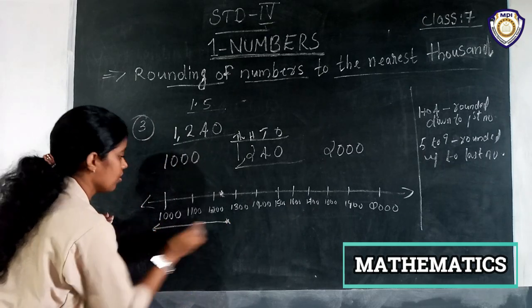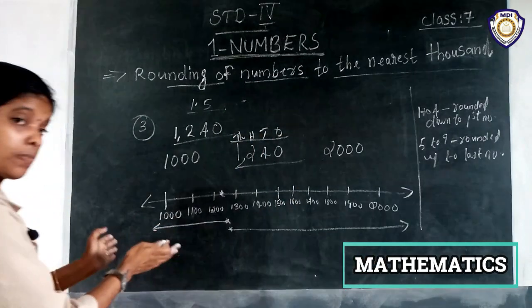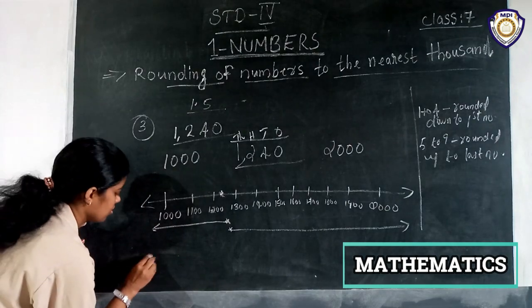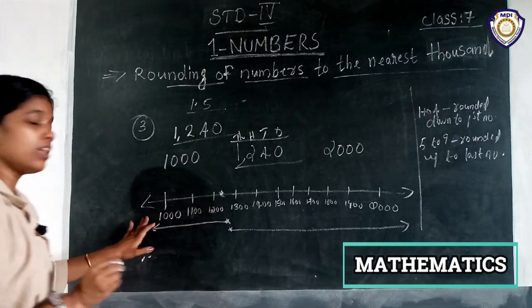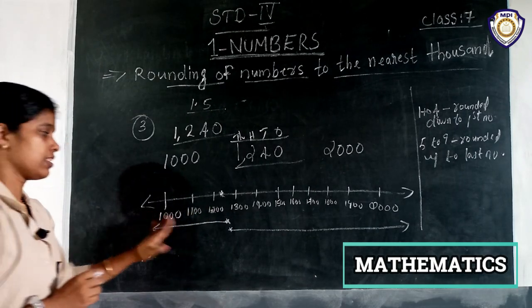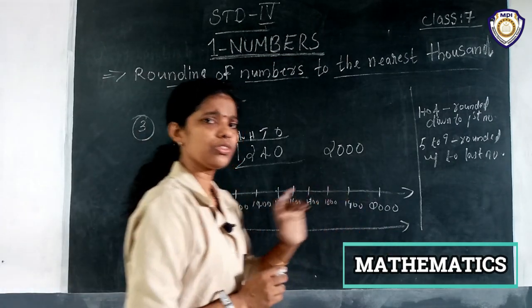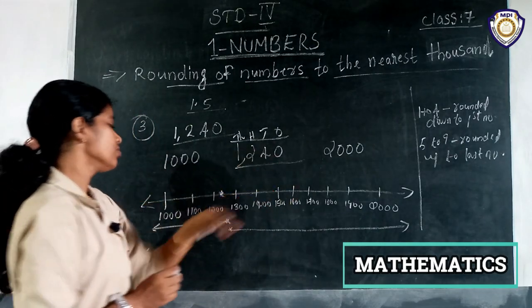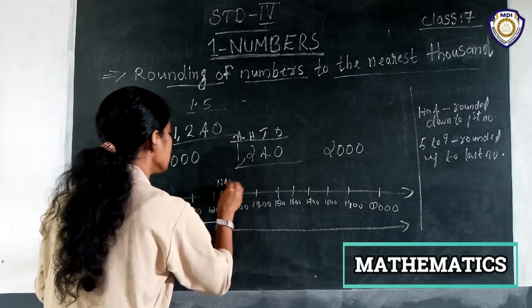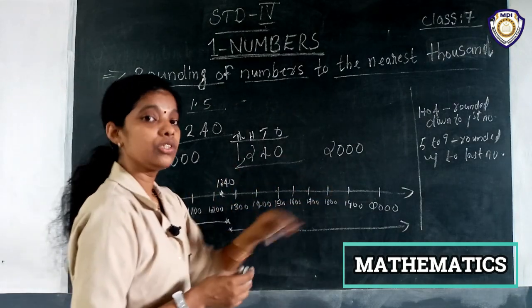Then we draw the line. Which line is the smallest one? This line is the smallest one. 1240 is nearer to 1000 as compared to 2000.